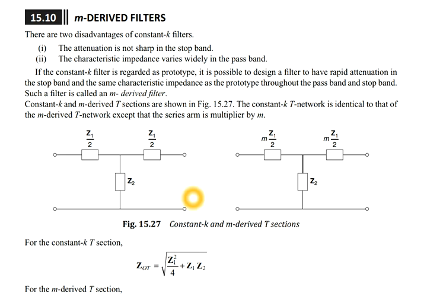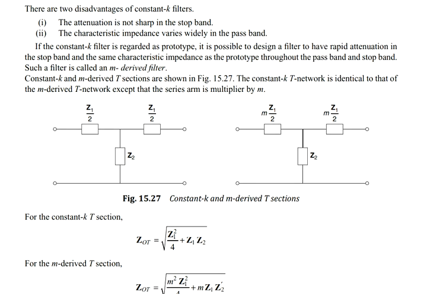Okay, so here the constant K and m-derived T sections are shown in figure 15.27. This is for the T network or T section. If you observe, the constant K T network is identical to the m-derived T network, except that the series arm is multiplied by the multiplying factor m.